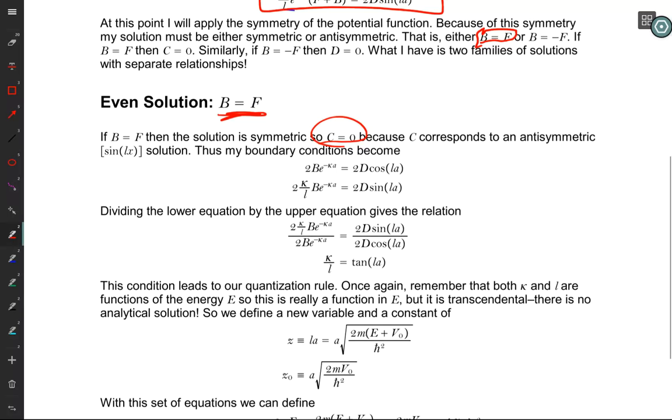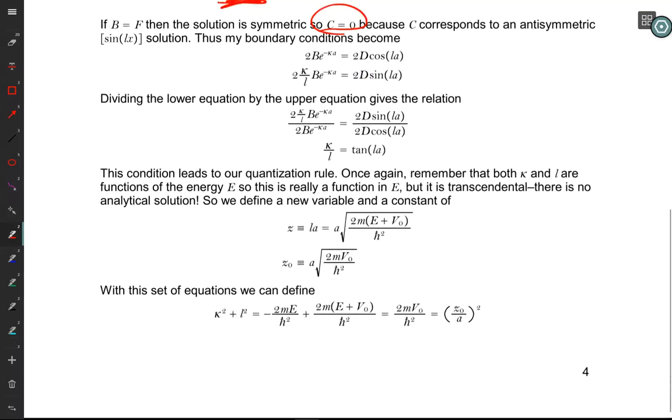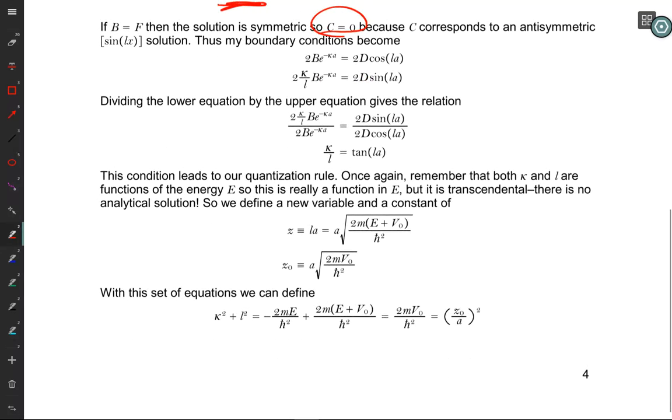And I could go all day and probably not come up with this on my own, but we define the new variable z as LA. So that means that this is going to become tangent of z.